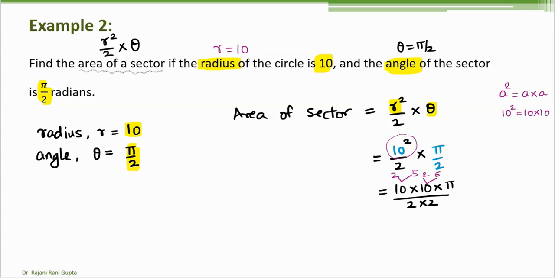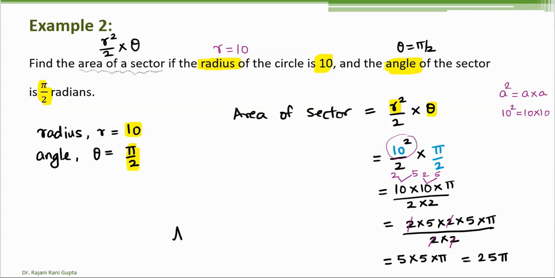So we get 2 times 5, 2 times 5 times pi over 2 times 2. Can you cancel something? Yes, we can cancel 2 from the numerator and denominator. We are left with 5 times 5 times pi, that is 25 pi. So we get the area of sector as 25 pi.